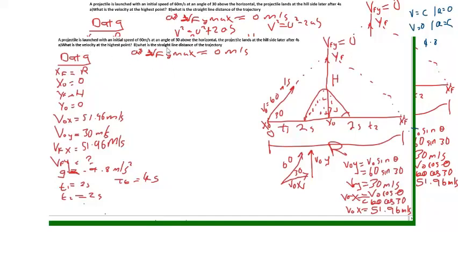Then what is the straight line distance from the trajectory? The straight line distance can be either this or this, so we can calculate for these two. For height, you use this formula: v squared is equal to v initial squared minus 2as.